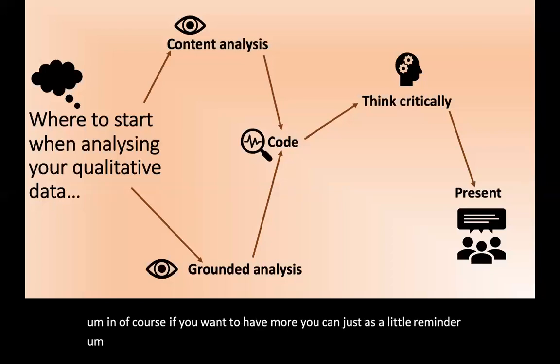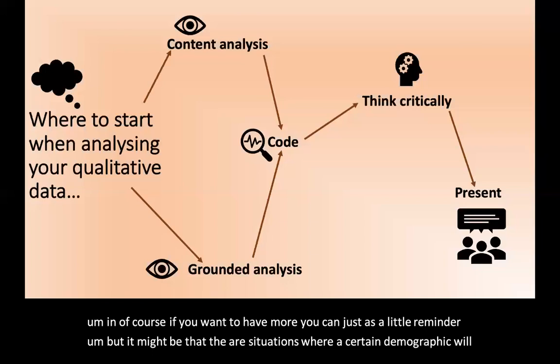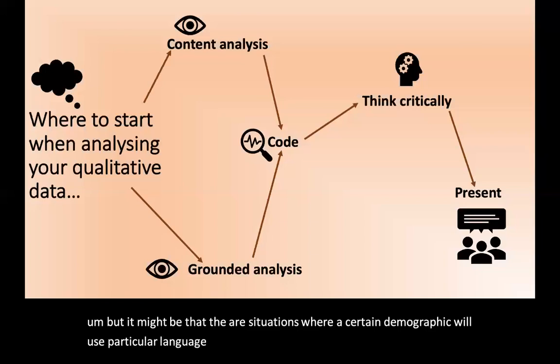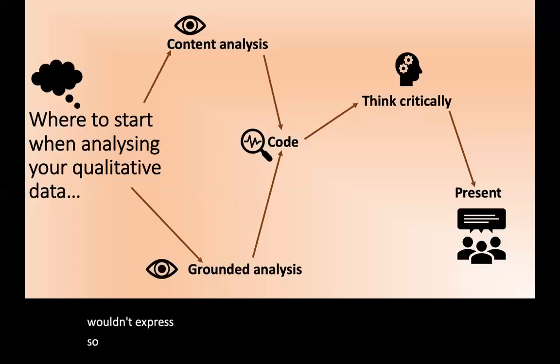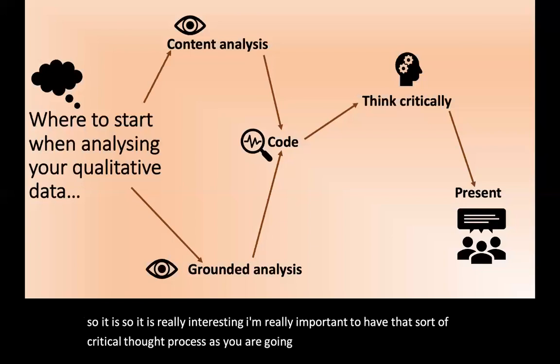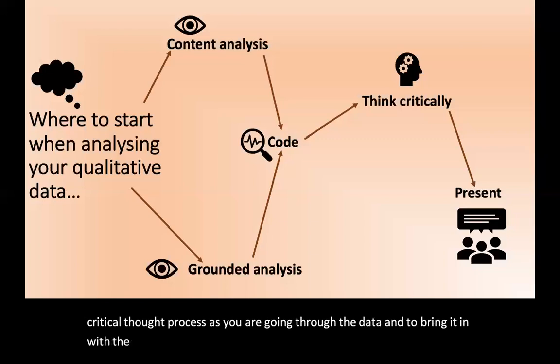But it might be that there are situations where a certain demographic will use particular language or will seem to have a particular response that another demographic group wouldn't express. So it is really interesting and really important to have that critical thought process as you are going through the data, and to bring it in with the other survey responses as well.